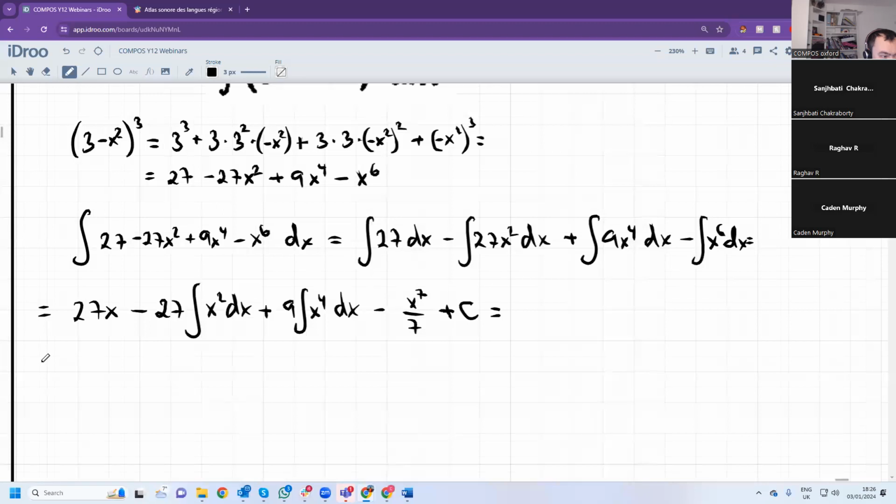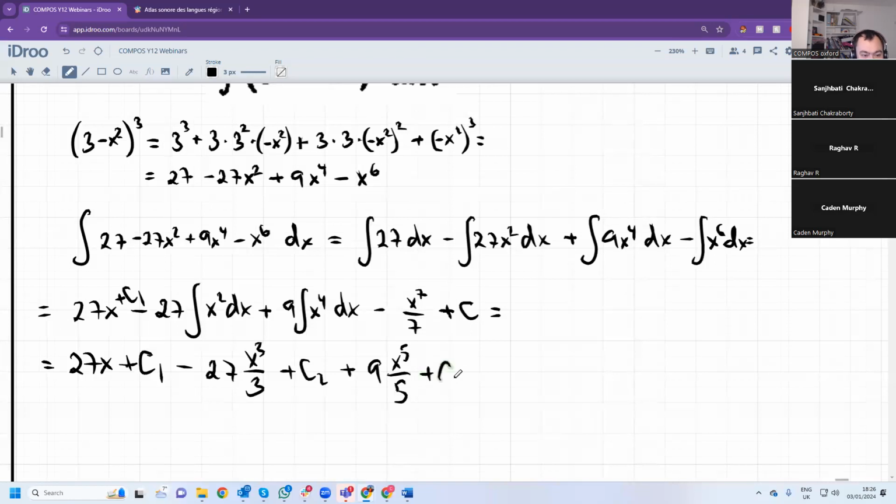So it's going to be 27x plus c1, because we forgot c1, minus 27 times x cubed over 3 plus c2, plus 9 times x to the power 5 over 5 plus c3, minus x^7 over 7 plus c4.